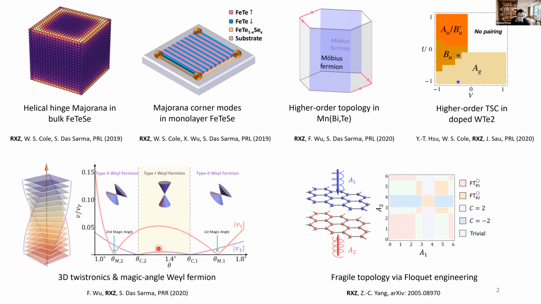I have also been collaborating with Fengcheng and Zhang on a framework for describing band structures of 3D twisted structures. We found that if you twist graphite in this way, you can achieve something called a magic angle Weyl fermion in 3D. And this is a recent work with Zhicheng, whom I will introduce later, where we propose to use Floquet engineering to generate fragile topological states.